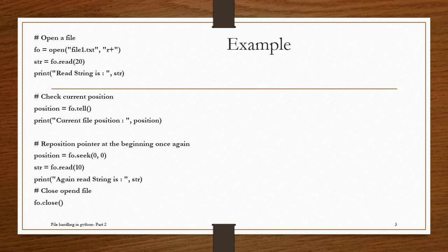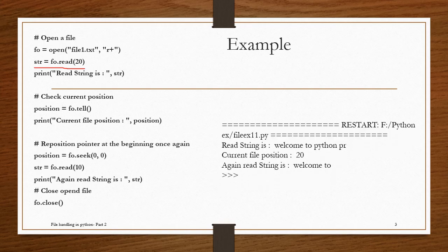In the next statement, I am reading the first 20 bytes. If the contents are in the form of a string, it will read the first 20 characters. In the next statement, the read string will be displayed. So we'll get the read string as "welcome to Python pr", since these are the first 20 characters or first 20 bytes in the file.